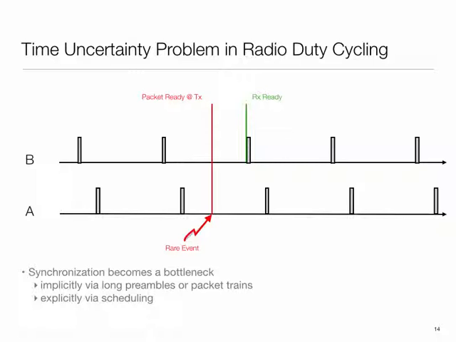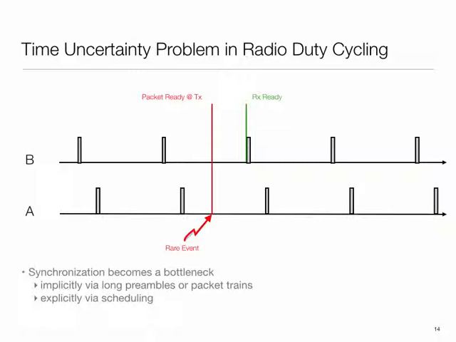These are the receivers waking up, and then at some point in time, which is indicated here, A detects a rare event, and now A wishes to send it. So at A, the packet became ready at this time. The problem is B is not up.